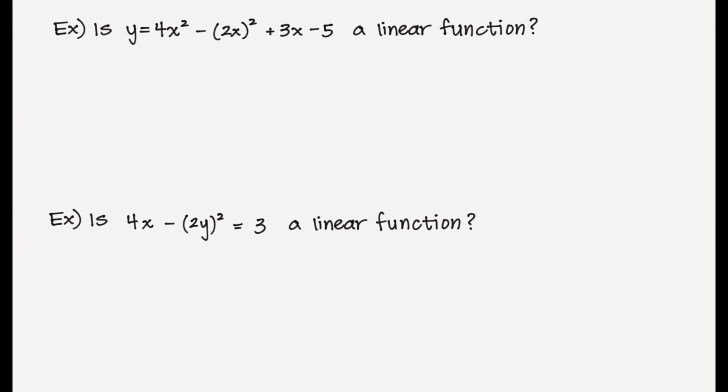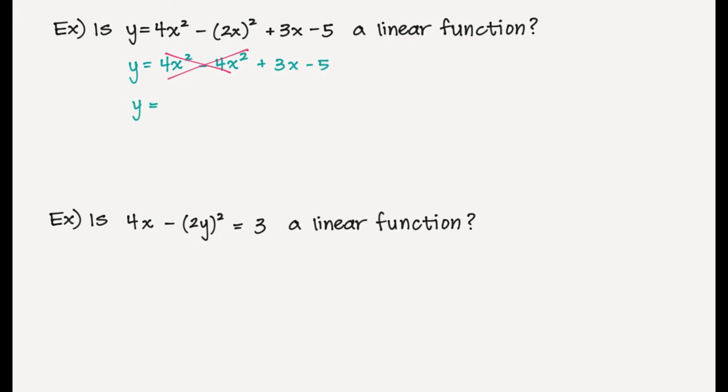Is y equal to 4x squared minus, in parentheses, 2x squared plus 3x minus 5 a linear function? So let's simplify this as much as we can. 2x times 2x is 4x squared. And then looking, 4x squared minus 4x squared is 0.